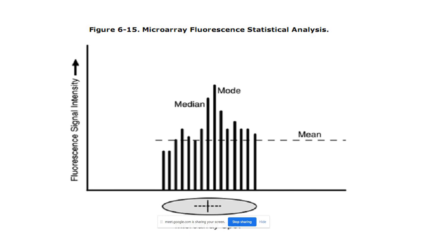Are you able to understand? This shows mean, median and mode. Do you have any question here? This is mean intensity, median intensity, mode intensity. Mode means the more frequent value. What is median? It is the middle value. If there are 5 values, the middle one will be the median.